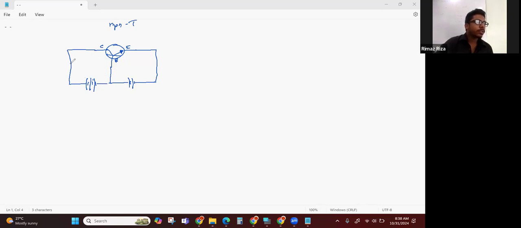Okay, and then there should be a resistance for the output, R out, and a resistance for the input. So we usually consider the emitter terminal as the input, and this is the output.